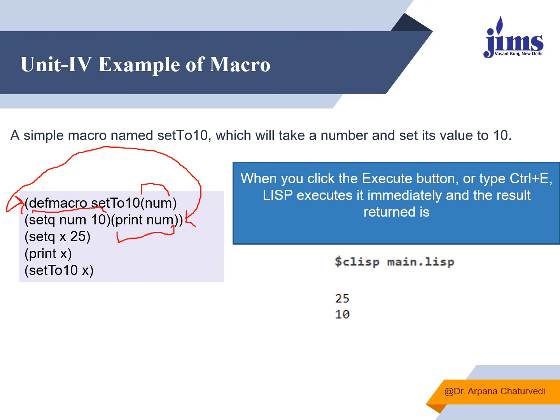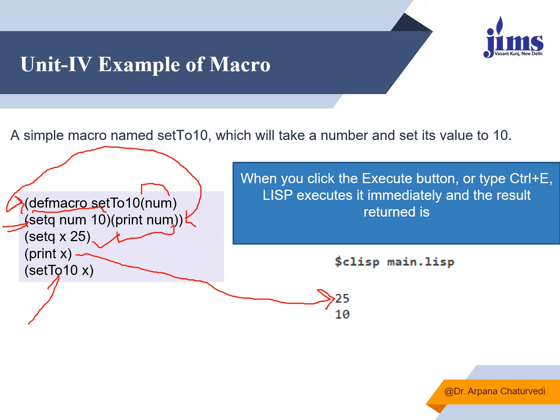We have to be very particular about parenthesis. Now we have already defined the macro. Now I am saying this x variable is holding a value 25. I have used the setq function to initialize the value of variable x with 25. Then I printed it also, so I can see the value coming over here is 25.